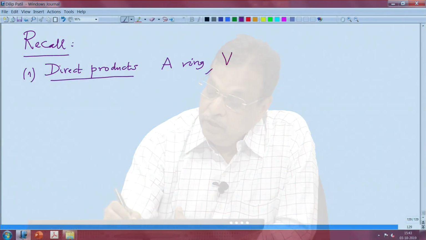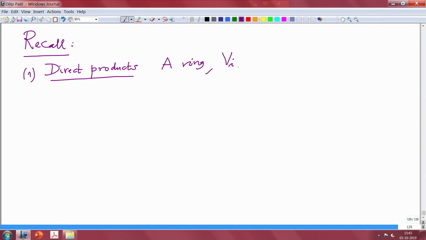So, as usual A is our fixed ring and Vi, i in I, a family of A modules. That means each Vi is an abelian group and on each of them there is a scalar multiplication by A, and with this Vi is an A module.